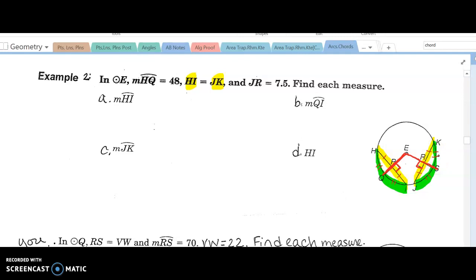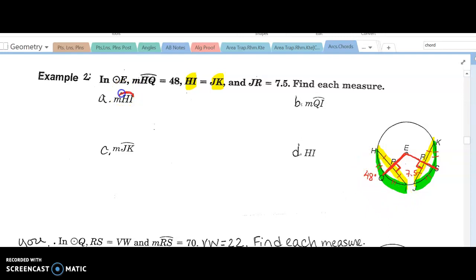All right, so let's look. So other stuff. HQ, it tells us is 48 degrees. And then it tells us JR is 7.5. So now they want to know how much the whole arc HI is, and pay attention to the symbol.